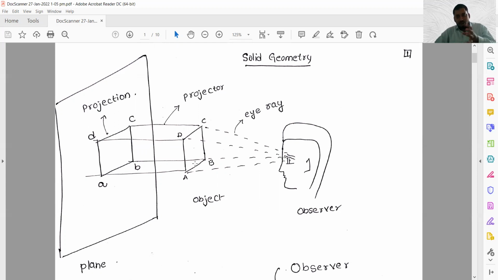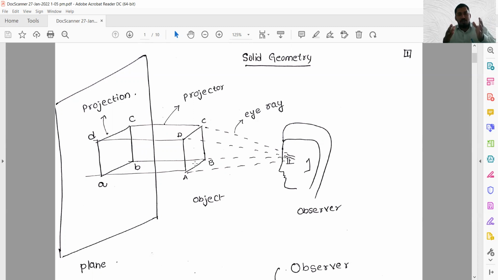Once the eye rays cross the object, they go and meet the plane, and that gives a shadow on the plane. The image which is projected on the respective plane is called projection. So capital ABCD is the object placed between the observer and the plane. The shadow or image of the object is projected on the plane.